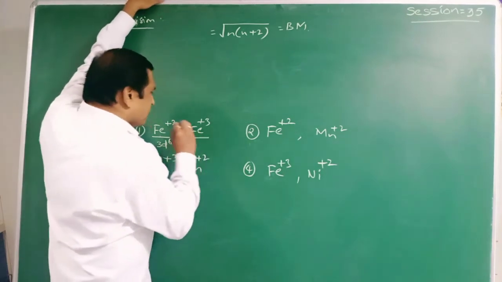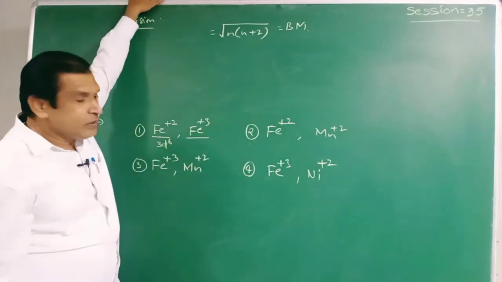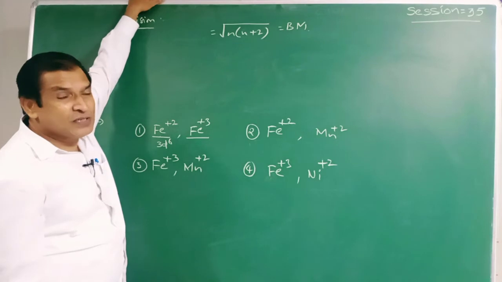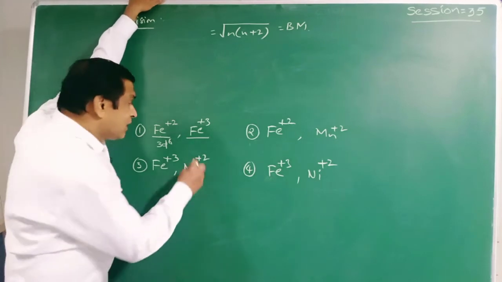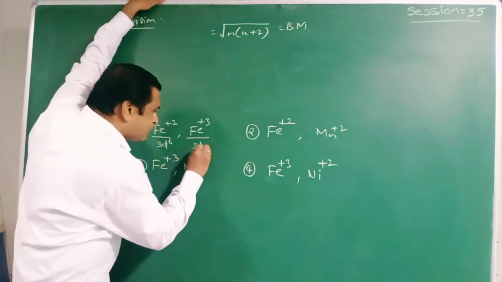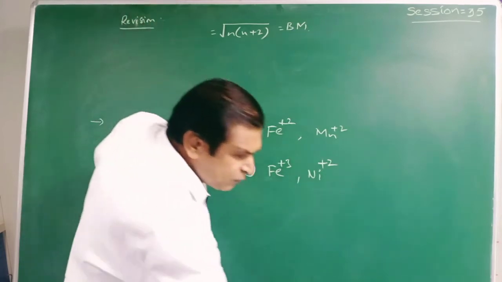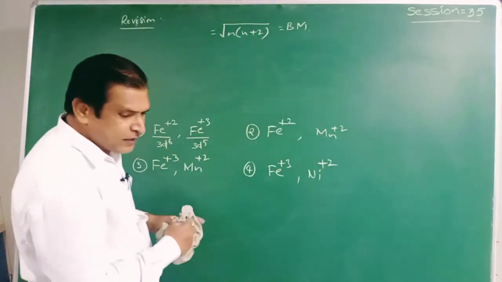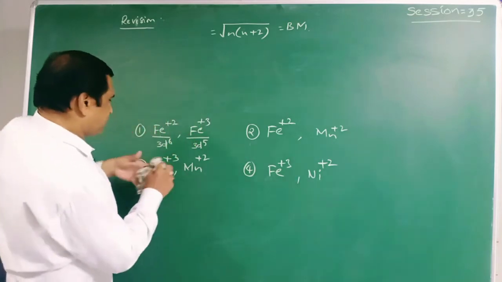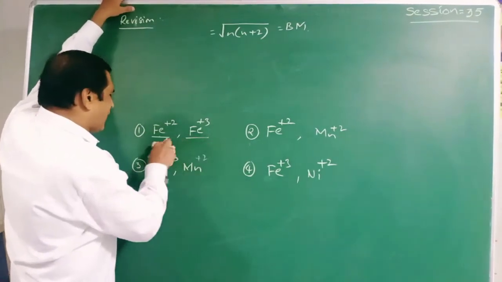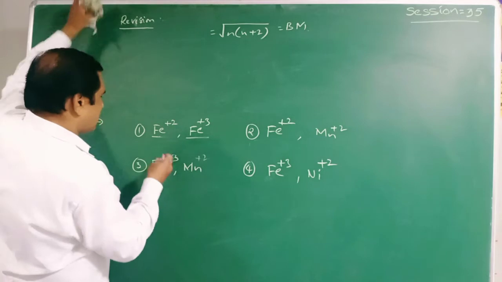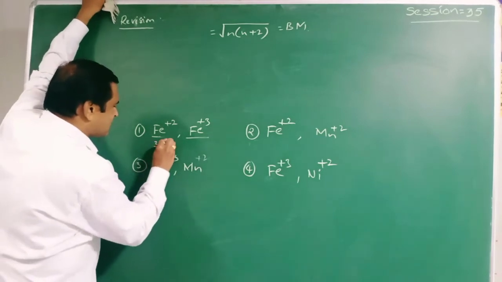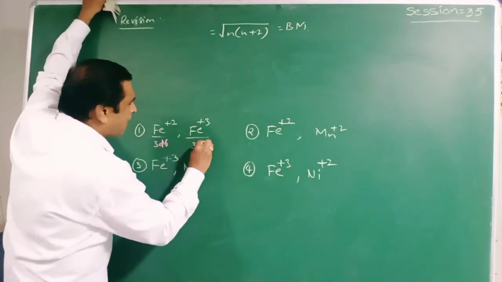Next, Fe plus 3. Just now we explained that Fe plus 3 has 3d5. Here it is 3d6, here it is 3d5.